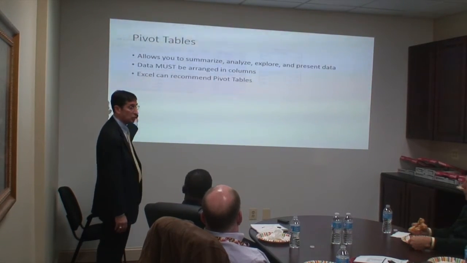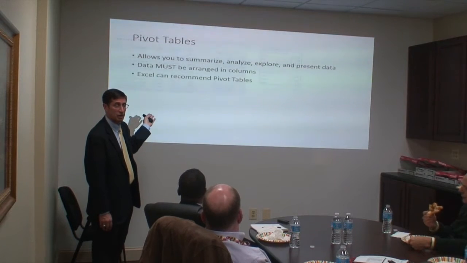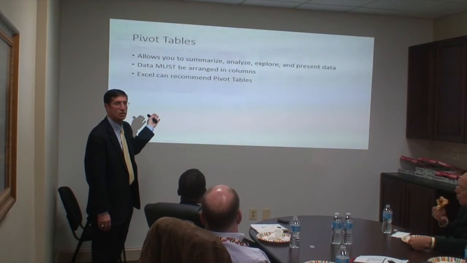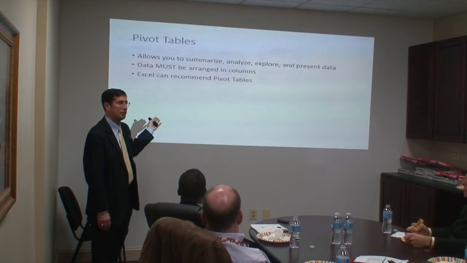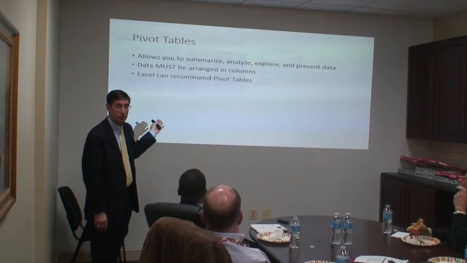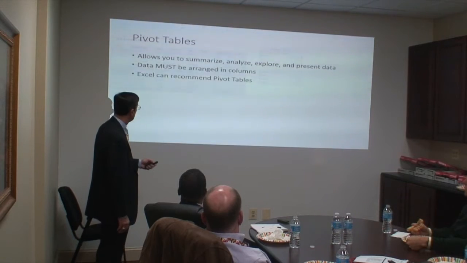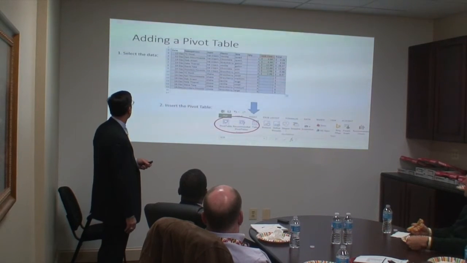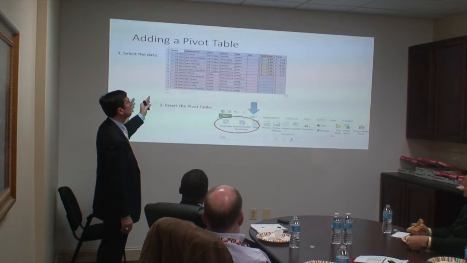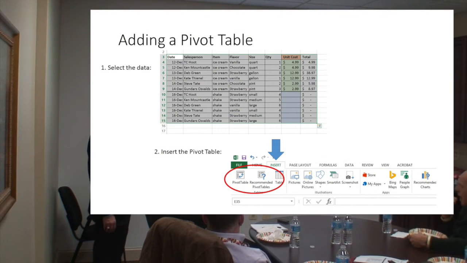And a feature I discovered while I was working up this presentation is Excel will make recommendations on what pivot table you might be interested in when you create your pivot table. So first, how is it done? You select the data, and I'm going to use the very same table we built for the ice cream sales to build our first pivot table.